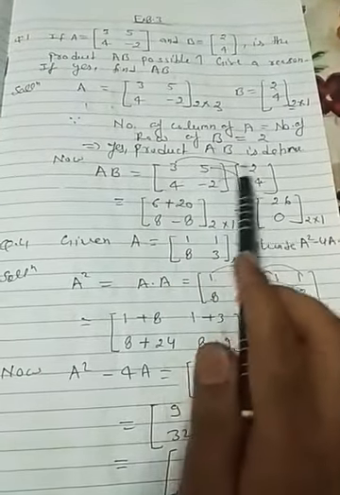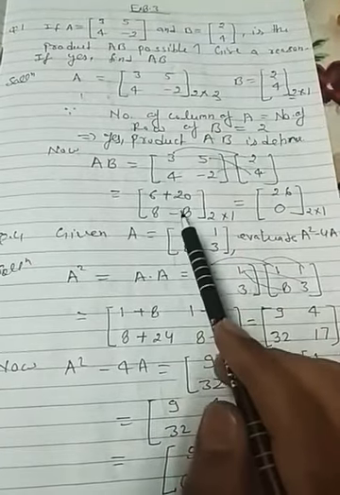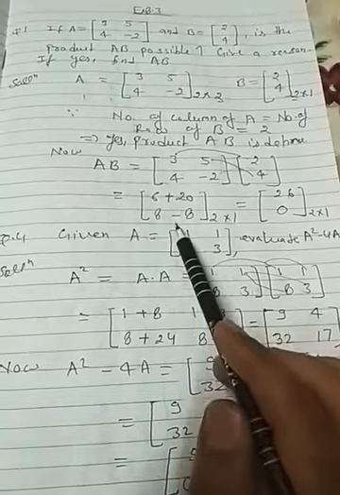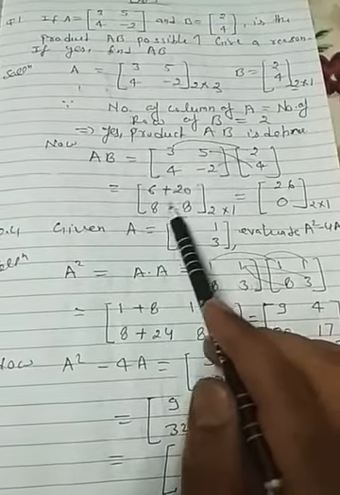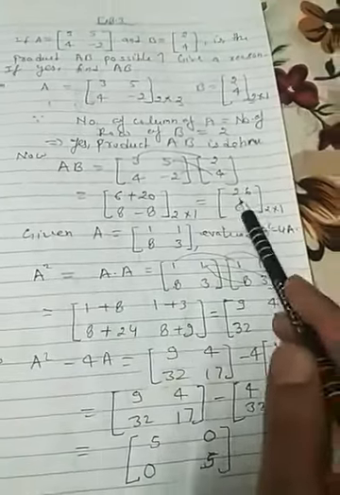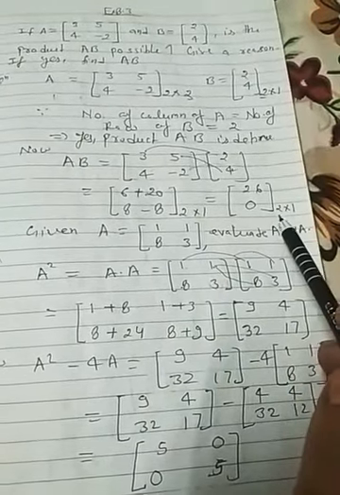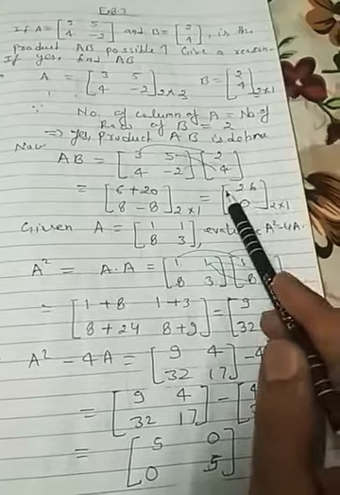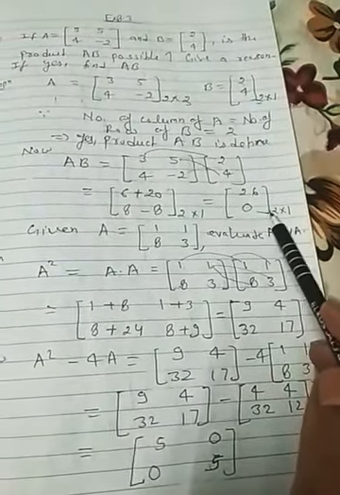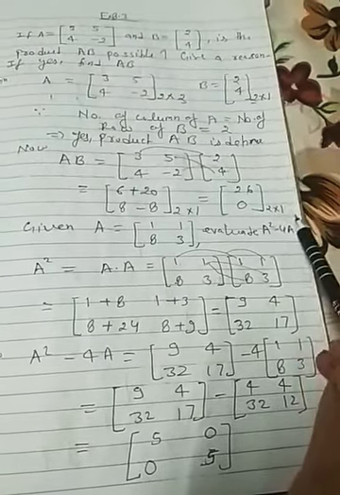So 4 multiplied by 2, then plus, and minus 2 multiplied by 4. Plus minus will be minus, therefore the sign is minus. So 8 minus 8 and 6 plus 20, that is 26 and 4. The order of this matrix is 2 by 1: 2 rows, the horizontal lines, and one vertical line.